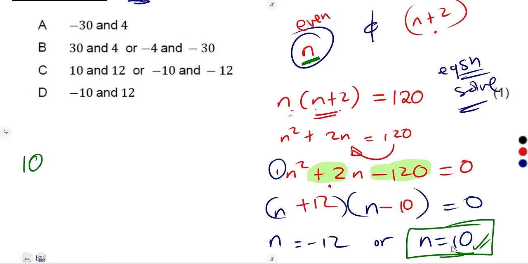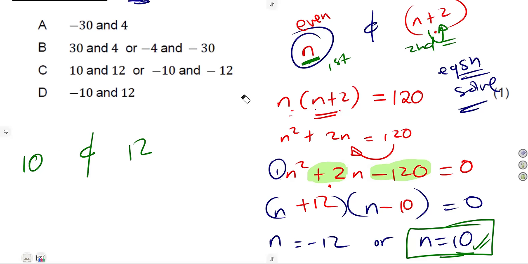So what's the consecutive one? What is following there? The 10, n plus 2. The first, second, n plus 2. So 10 plus 2 is what? It's 12. So 10 and 12, those are consecutive. They follow each other.